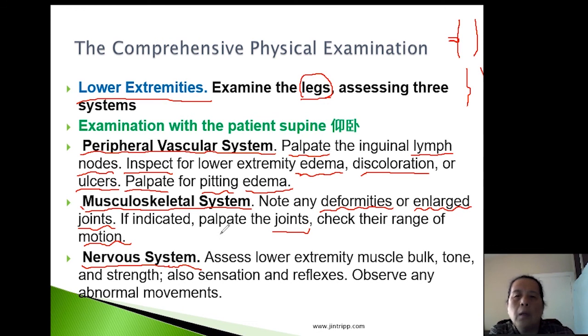And for the nervous system, basically we are talking about how strong the muscles are, and also the sensation, like sensory function and some reflexes. And if they have some abnormal kind of movement, that belongs to the nervous system. We will talk about the details later, just some basic idea here.